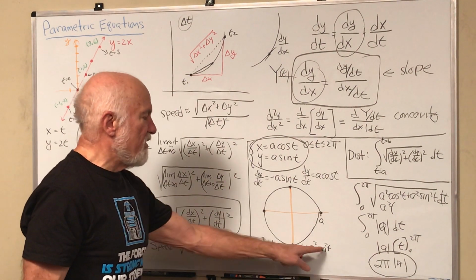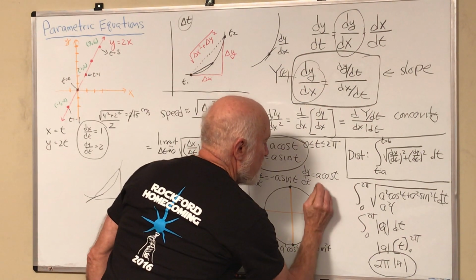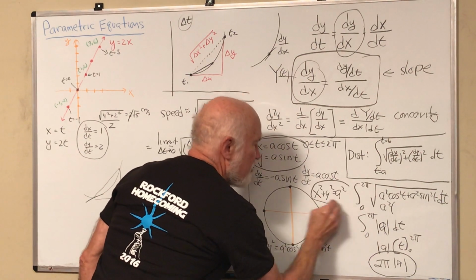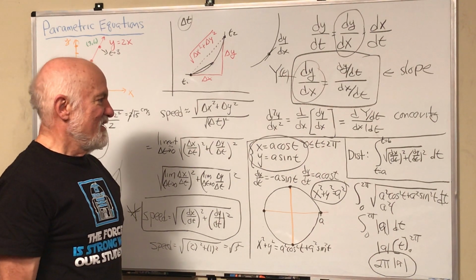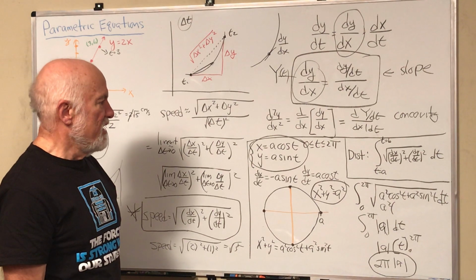Well, cosine squared plus sine squared is 1. So what we end up with is x squared plus y squared equals a squared, a circle with a radius a. So I hope you see that this is all kind of coming together.